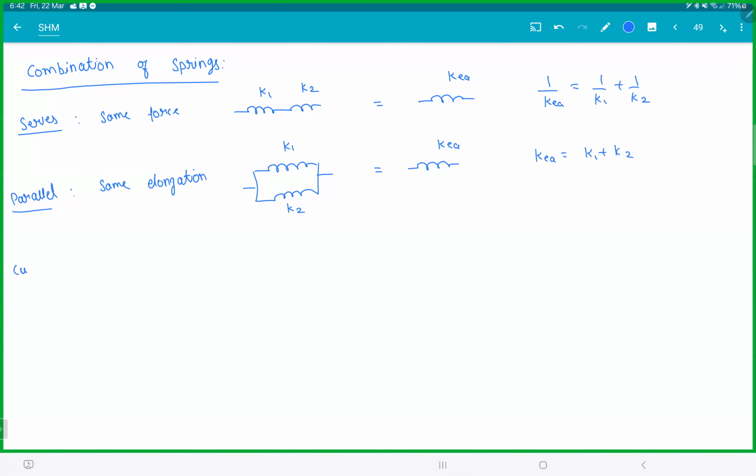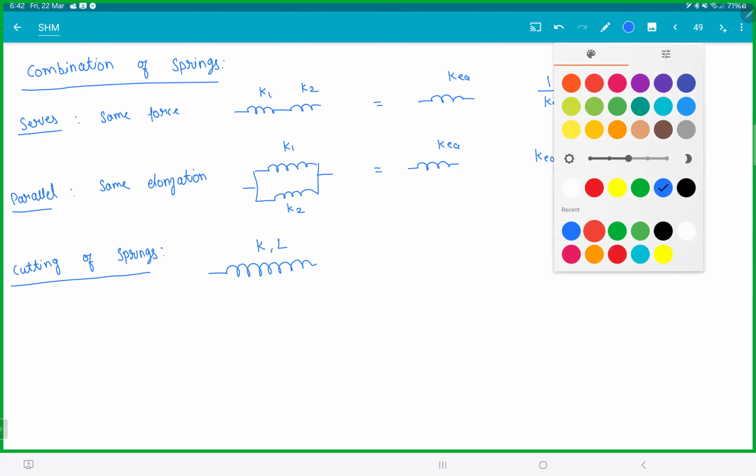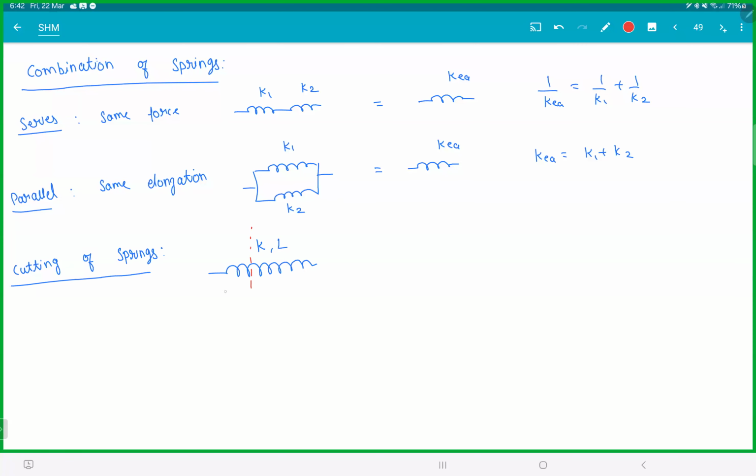What happens if you cut a spring? More about this we'll study in elasticity, but for now, let's say we have a spring of constant K and length L. If you cut this into two pieces, K1, L1 and K2, L2, remember that in a spring, K into L remains constant.